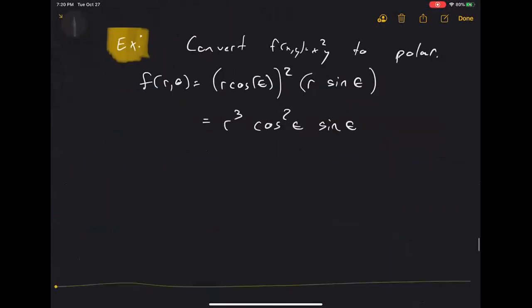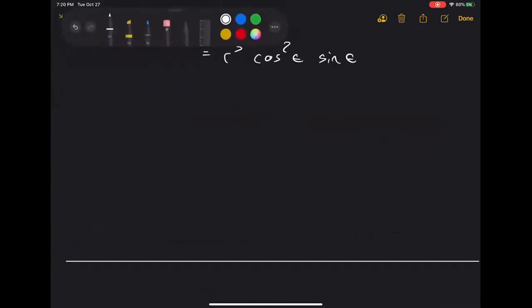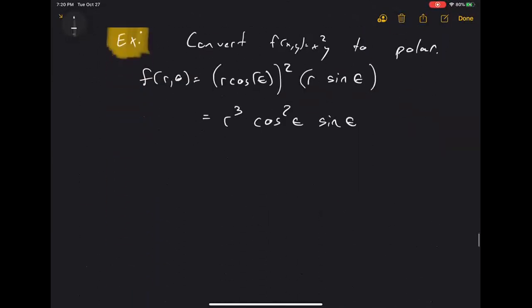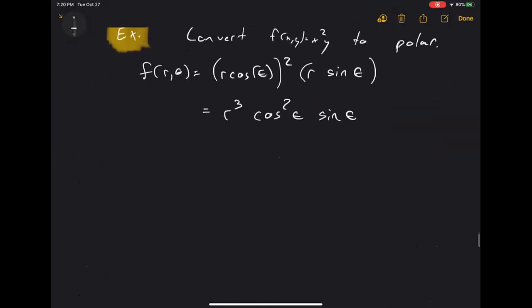That's all well and good for functions. What about, and I've kind of left this piece out, what about the integral? Okay, so we see how to convert our functions from Cartesian coordinates to polar coordinates. What about our integral? Let's say we have f(x, y) dx dy.